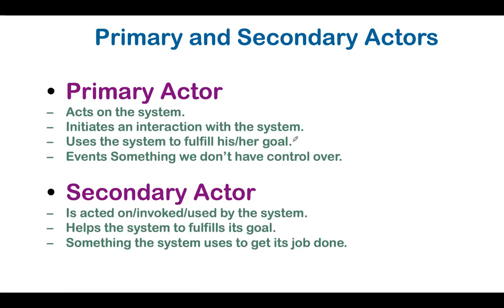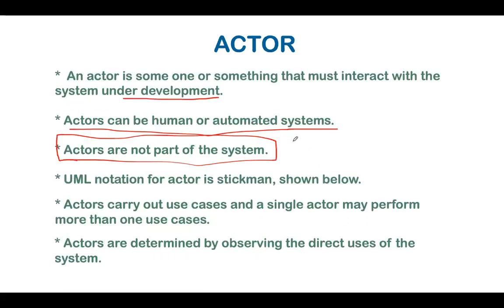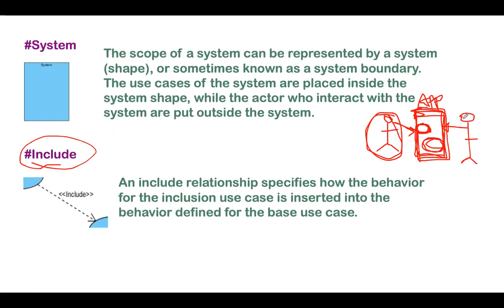But when we talk about the secondary actor, it is acted on by the system. It is now the system that is going to act on the secondary actor. The moment an individual downloads our application and uses it, for example, they log in.